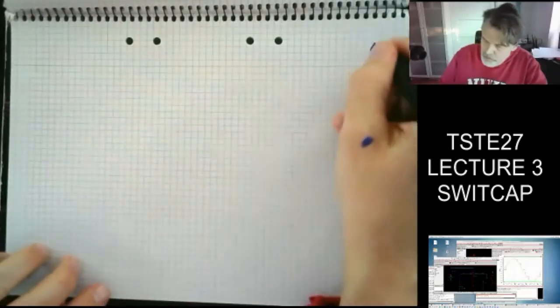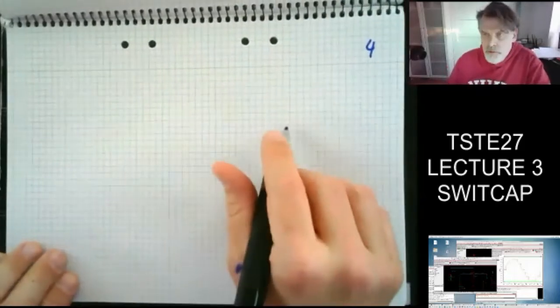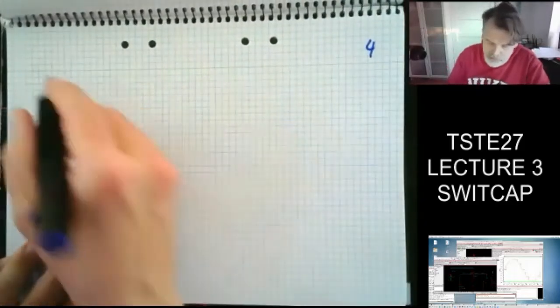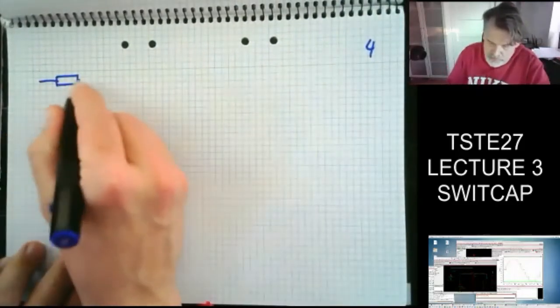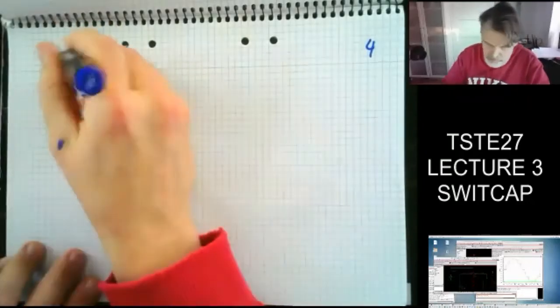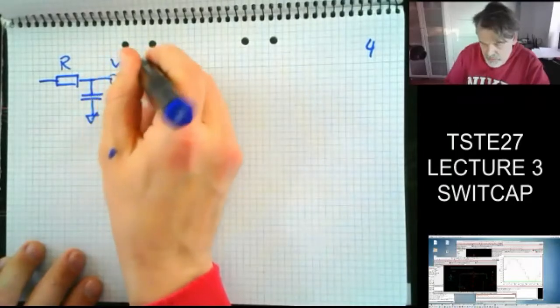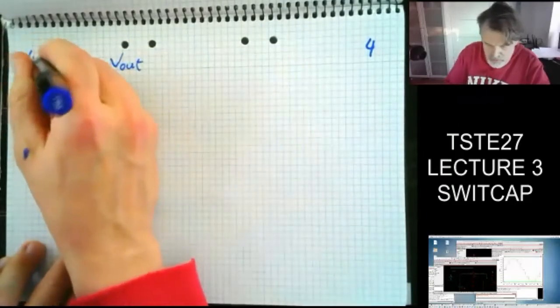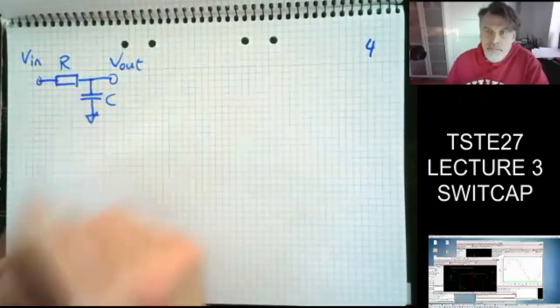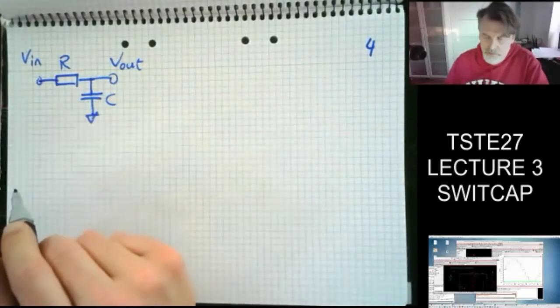Okay, so now assume I would like to make a small low pass filter. So I would like to do a resistor with a capacitor like this, R and C, and V out and V in. I would like to implement a low pass filter simply.